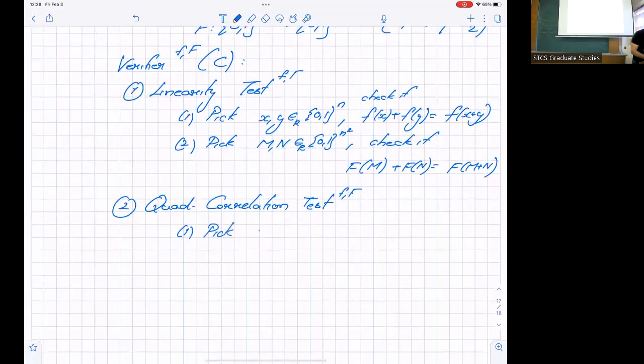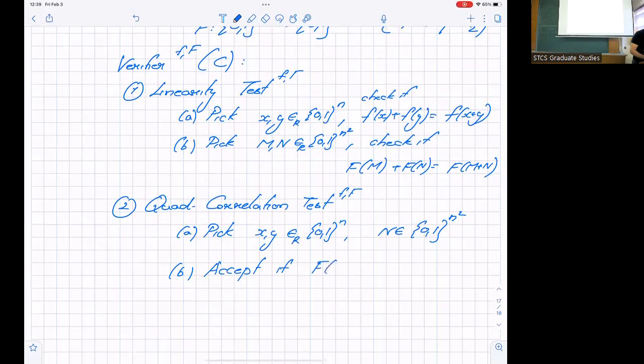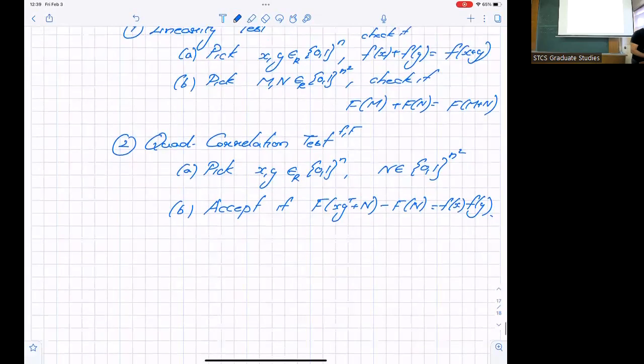You could say pick an X, Y at random from {0,1}^n, and N at random from {0,1}^(n squared), and accept if f of (x y transpose plus N) minus f of N equals f of x. And then the circuit consistency test.